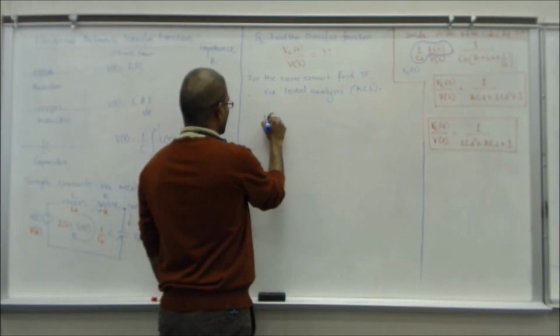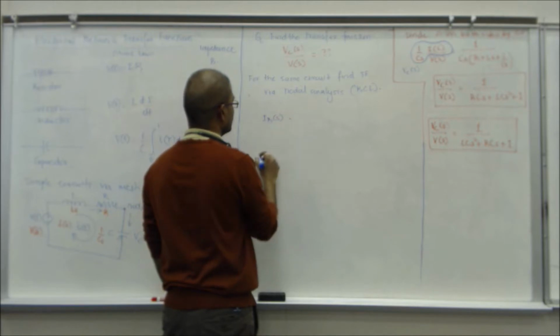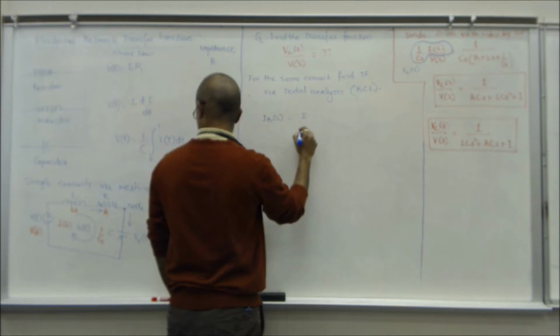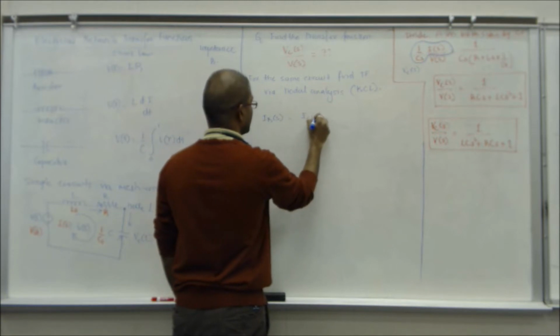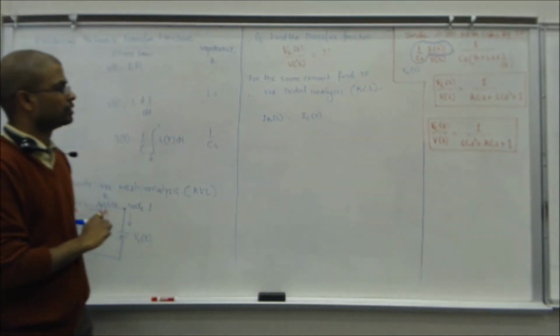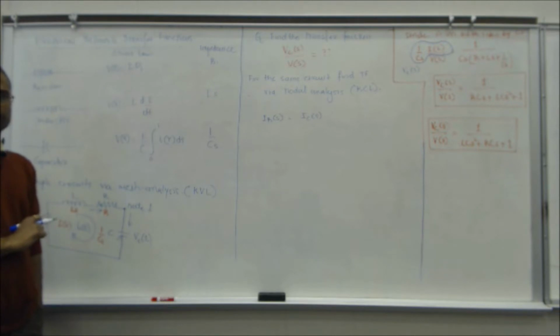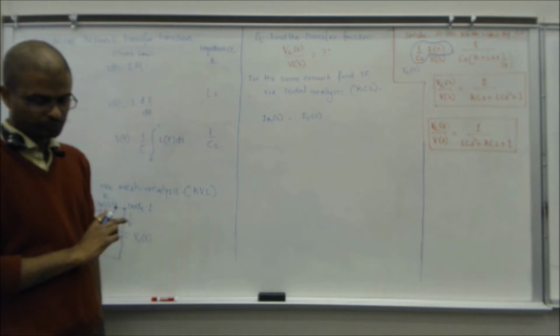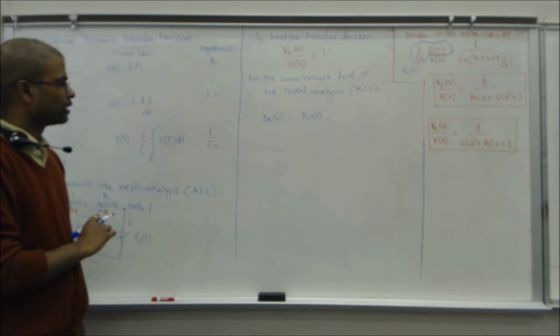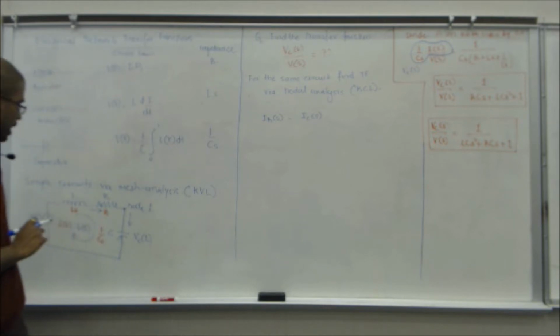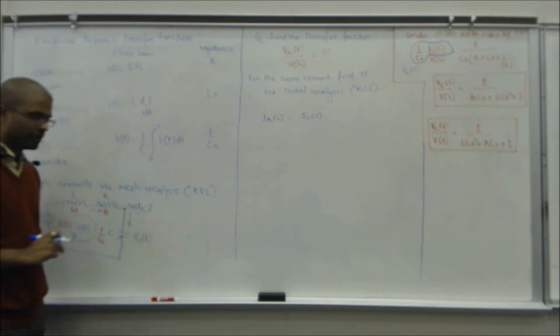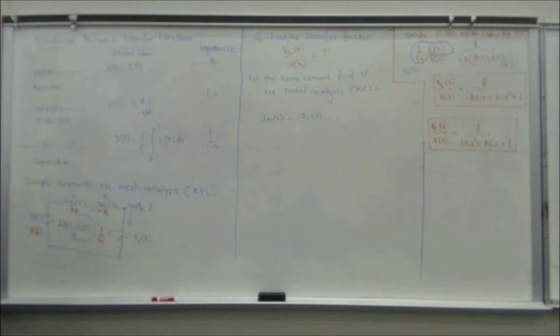So you have IR of S is equal to IC of S, right? You agree? This IR of S, when something is in series, what do you know about parallel and series circuits?